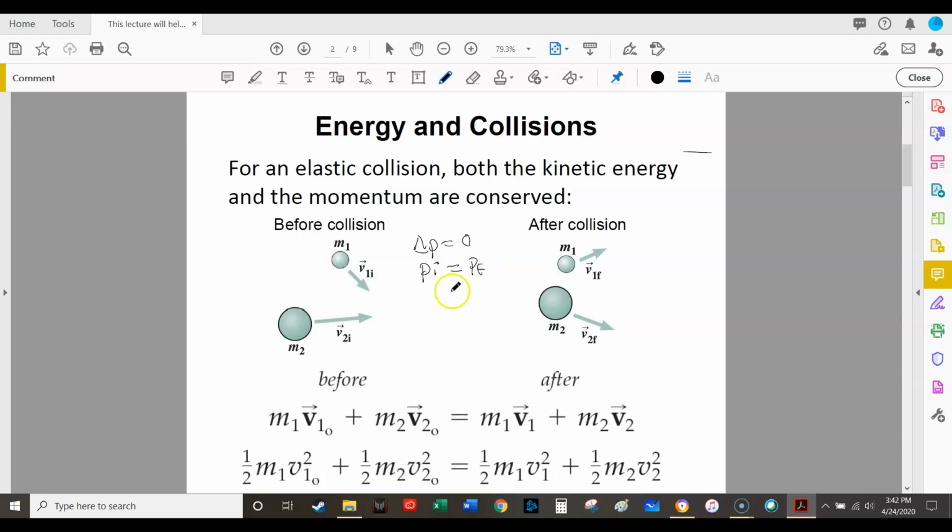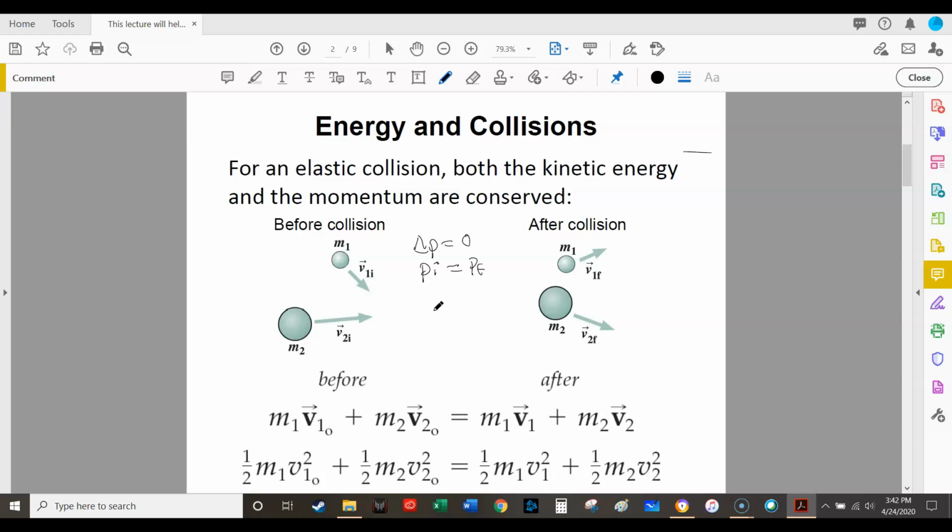If the system is completely contained, meaning there are no external forces or internal forces leaving or entering the system, then the total change in momentum is 0, right? There is no J vector.